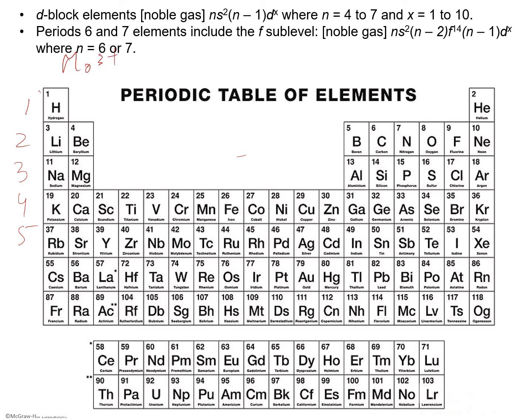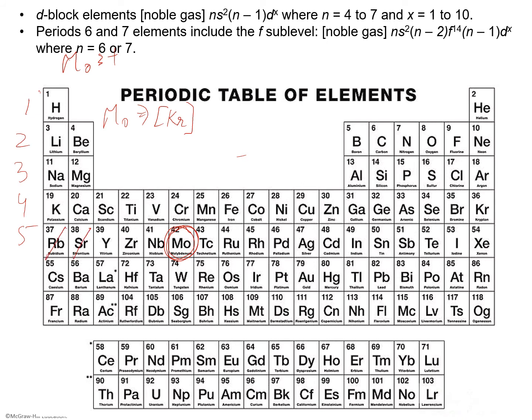Okay, so first we are going to write the configuration for molybdenum, which is going to be right here. So where do I begin? I begin with krypton, so we put in parentheses krypton. Then I start crossing off my elements. First I will be crossing these s block elements, which is 1 and 2.